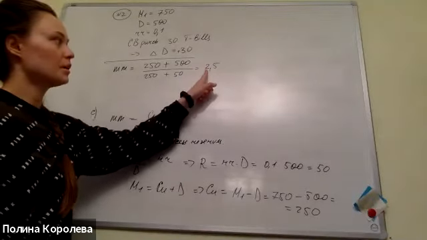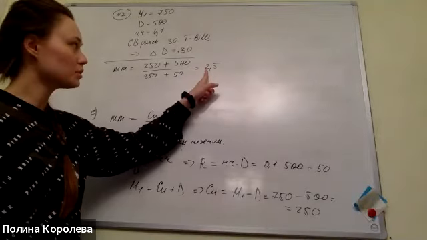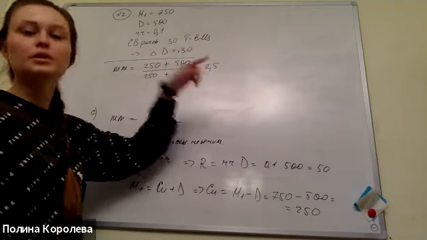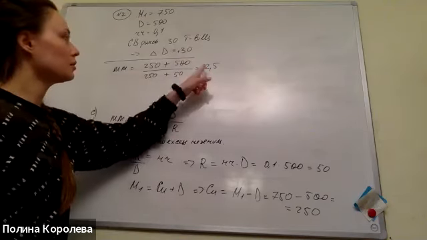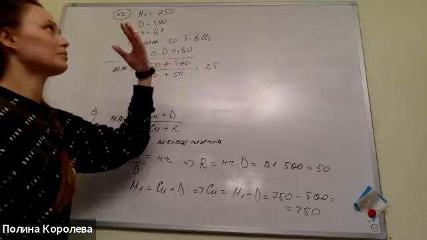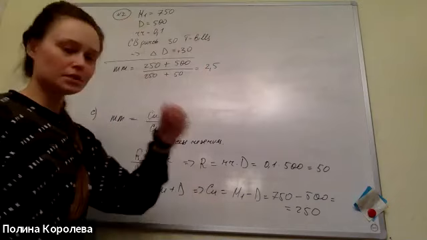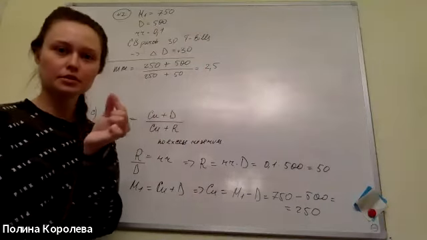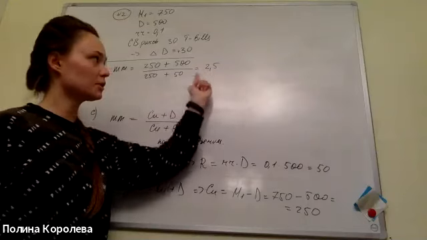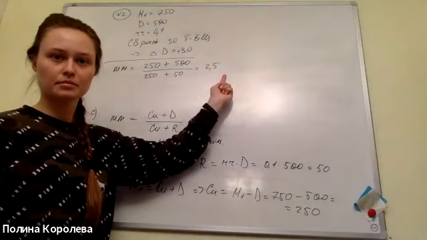Is this equal 2.5? 2.5, I guess, yes. What will this money multiplier show us? It will show that if we put into circulation $1, our money supply will increase by $2.5.